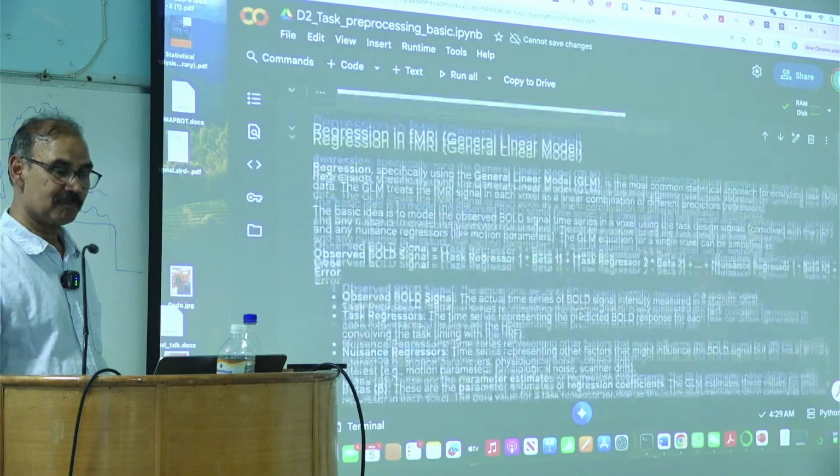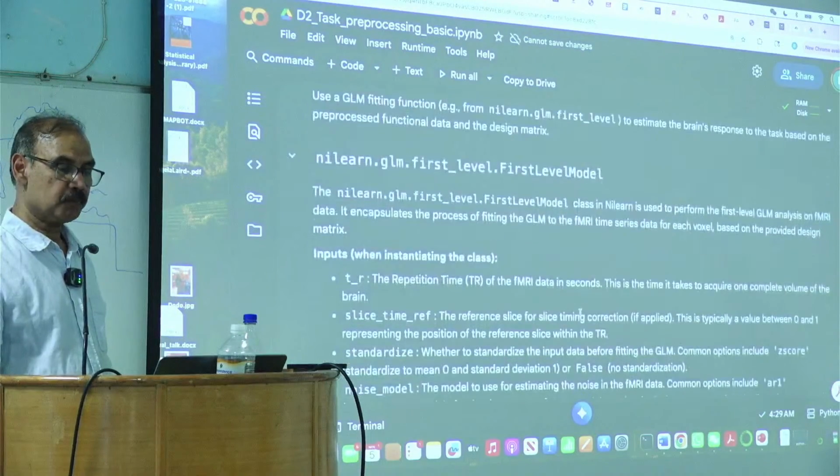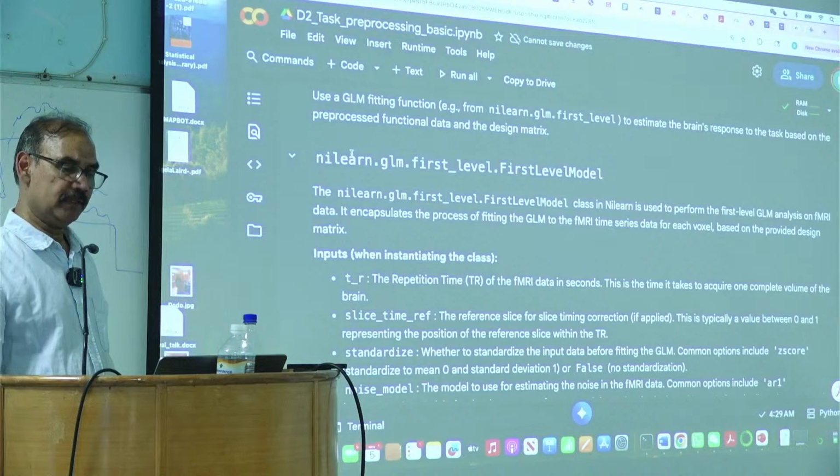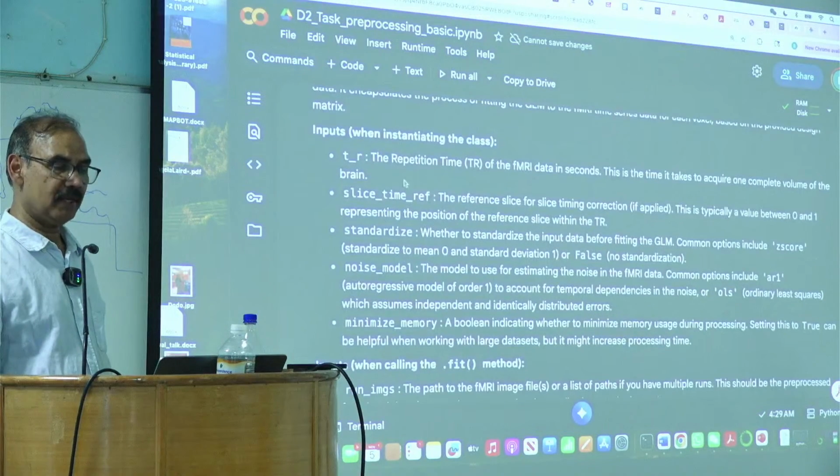Again, with Nilearn, the GLM analysis can be done.